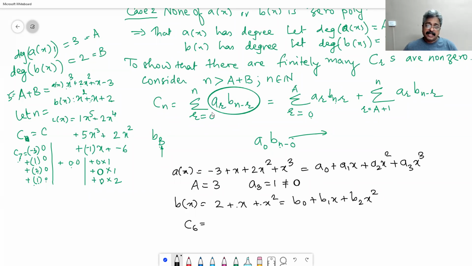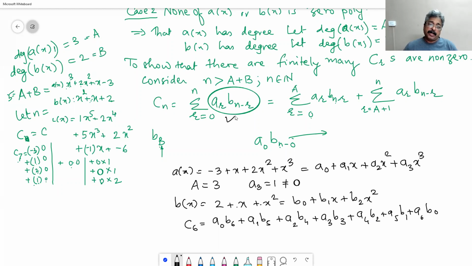What is c of 6? c of 6 is a0 b6 plus a1 b5 plus a2 b4 plus a3 b3 plus a4 b2 plus a5 b1 plus a6 b0. That is what this formula is.